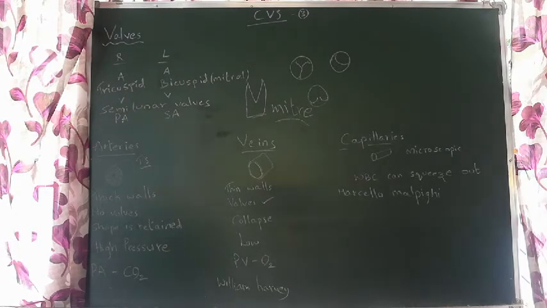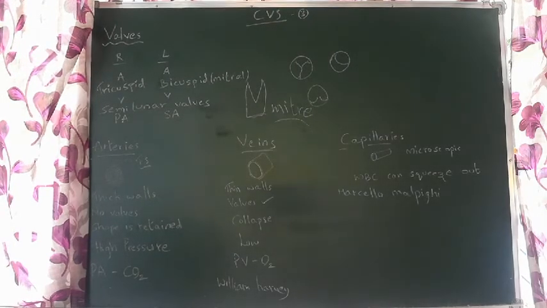Now all the veins carry deoxygenated blood, which means the blood in which oxygen is not there but carbon dioxide is there, except the pulmonary vein. See, this is the vein that carries pure blood from the lungs to the heart.